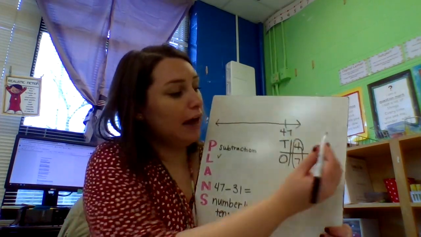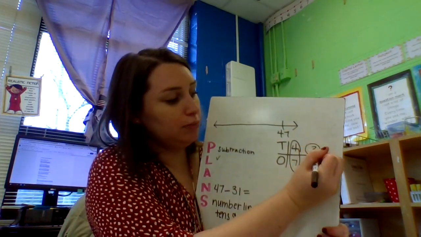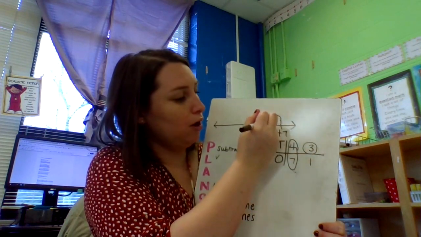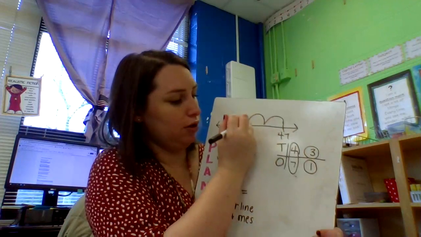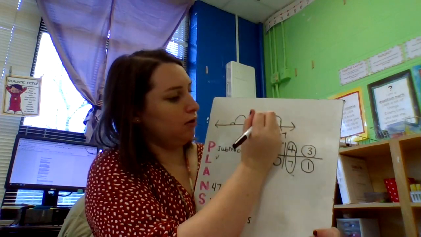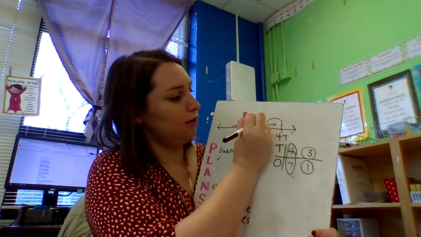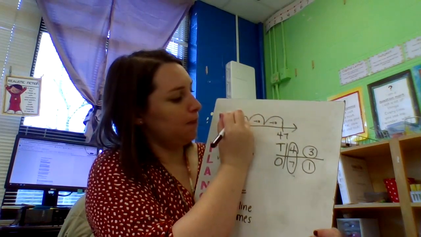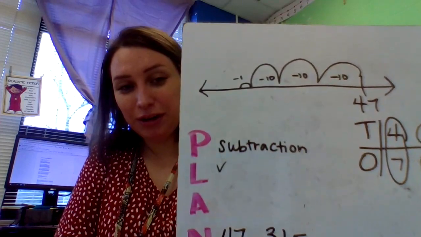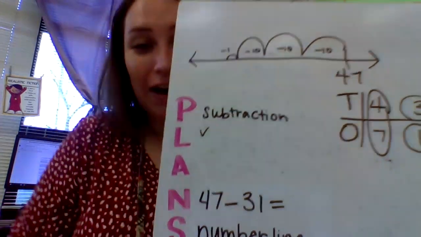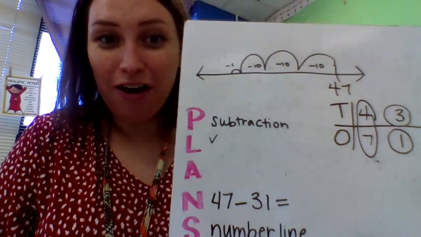So what I'll do is I know that I need 3 jumps of 10. 1, 2, 3, and 1 jump of 1. So let me go ahead and write that in there. Okay, and you can see it's kind of small, so I'll hold it up close. Okay, so now I'm going to go ahead and subtract on the number line.